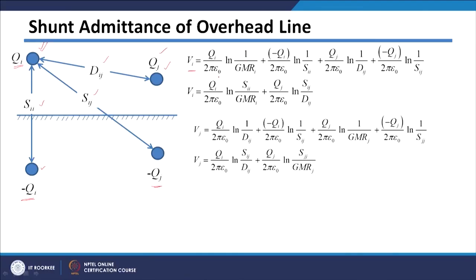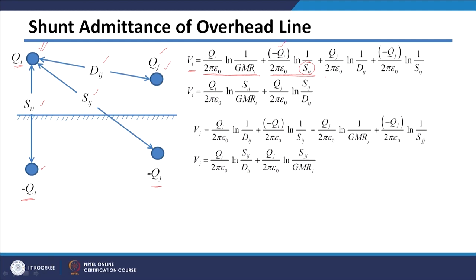The voltage of conductor I due to its own charge will be given by this term. Then the voltage due to its own image will be given by this term; since the distance between the image and this conductor is Sii, there will be Sii here, and the charge is minus Qi.